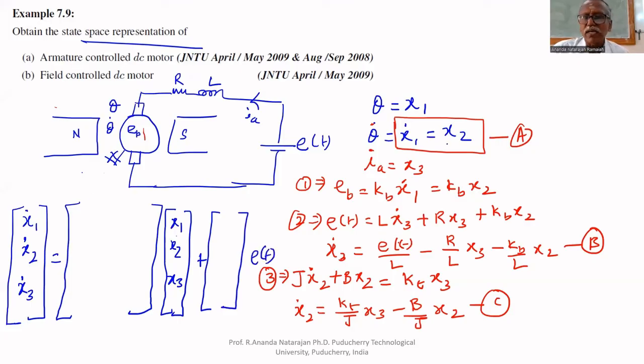So x1 dot equal to x2 is the first equation, therefore the row is 0, 1, 0.